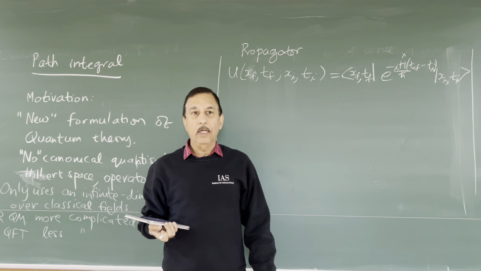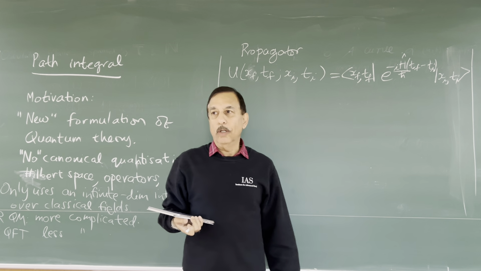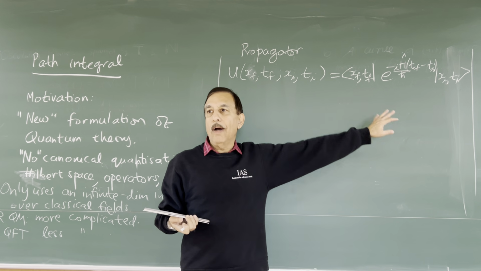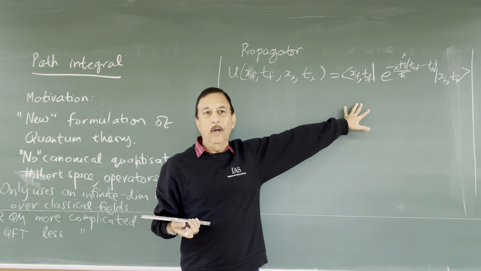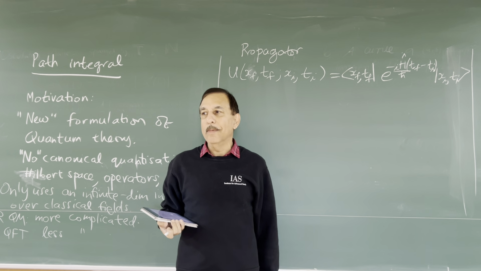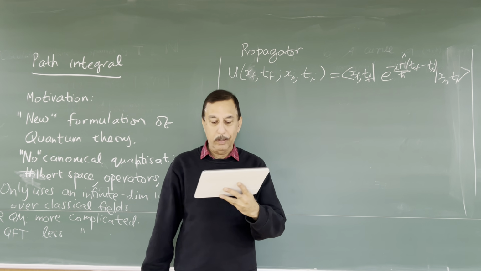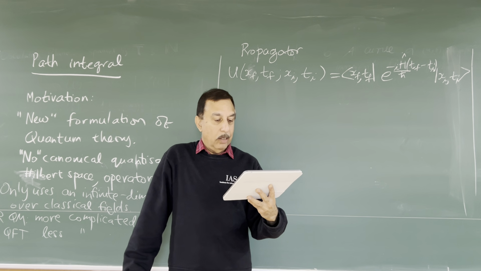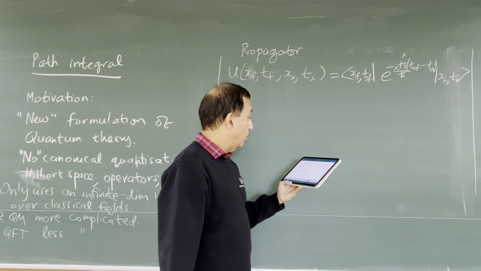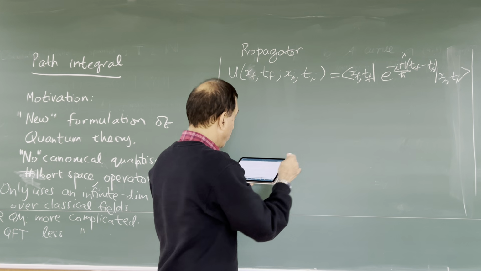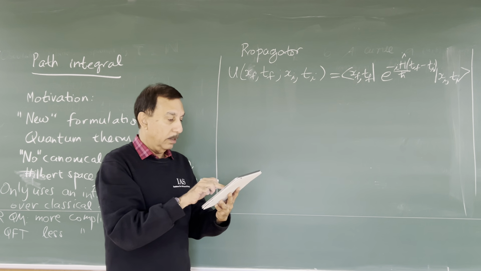It's not something that QM courses focus on, but they should. It doesn't require anything more than non-relativistic QM. It's much simpler than, say, the hydrogen atom as a problem. You can put any simple Hamiltonian like p squared by 2m, which we are going to do very soon. So, okay. So this is a unitary operator sandwiched between position eigenstates.